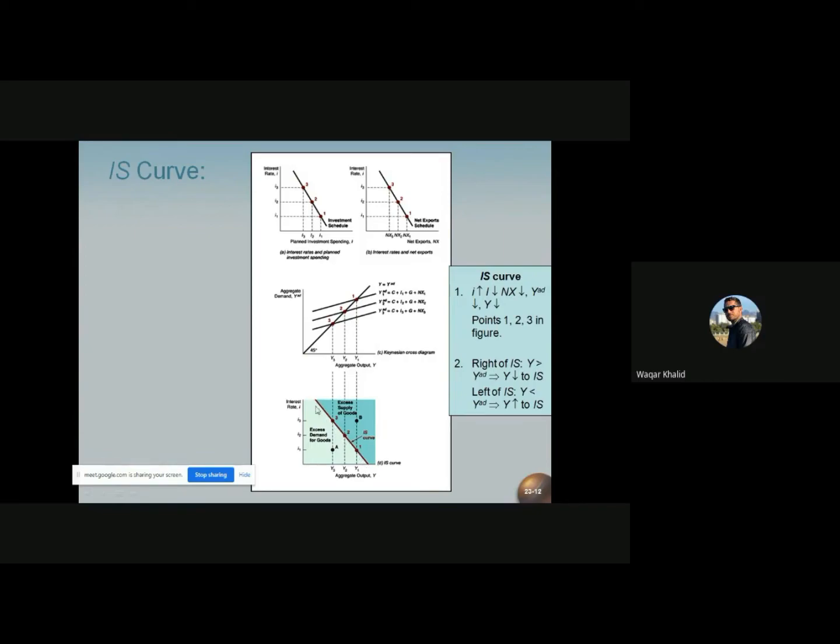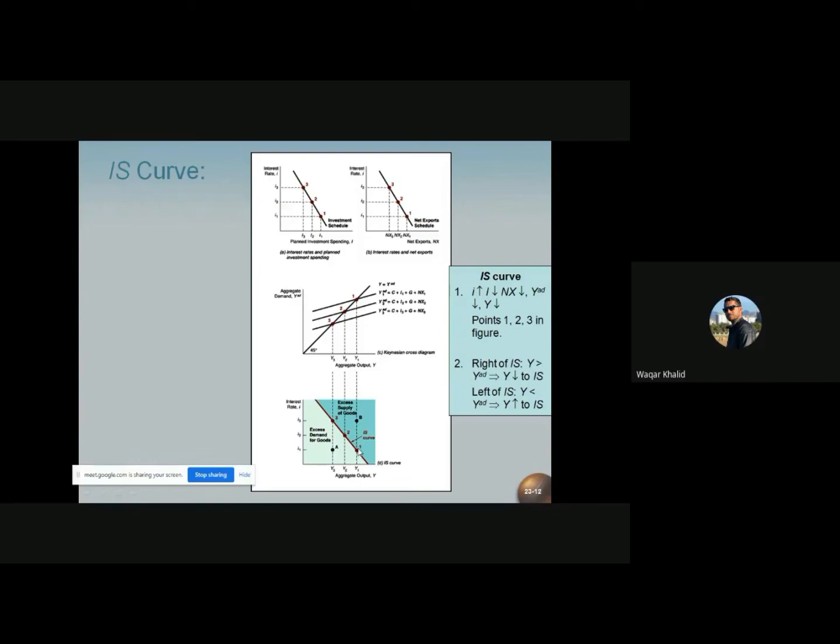This is known as the IS curve. We can see that this curve has a negative slope because of the negative relationship between the interest rate and the aggregate level of output. As you can see from here, if there is an increase in the interest rate, it will negatively affect the level of output. So here we can see that if the interest rate rises from I1 to I2, the output level will decrease from Y1 to Y2.